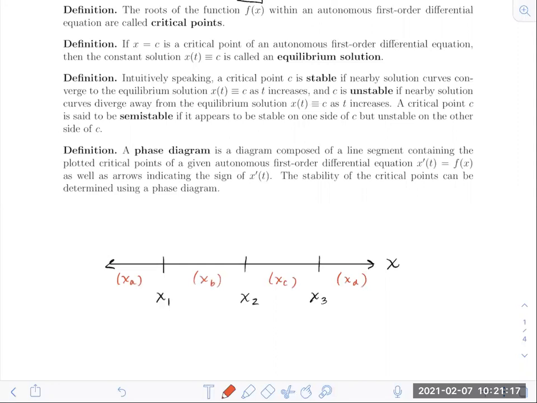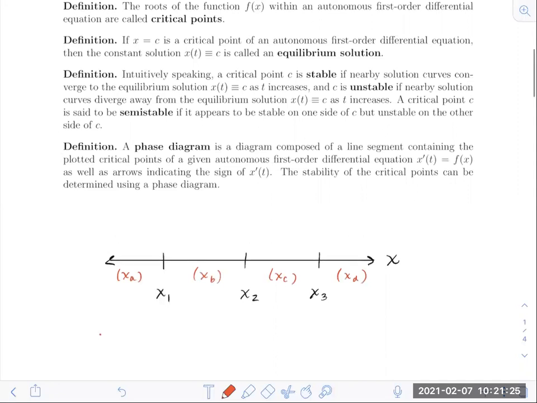What we're going to do is plug those test points into f of x, or the derivative, and identify whether it's positive. So I'm going to plug x sub a through x sub d into dx dt equals f of x, and note the sign.